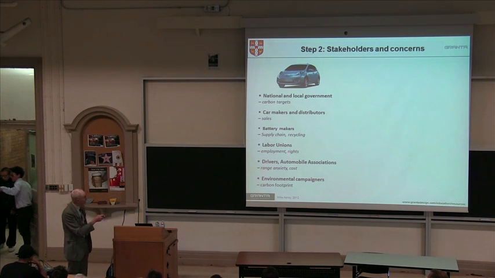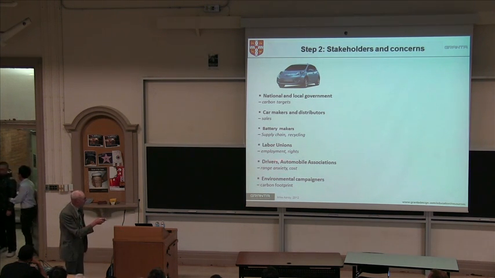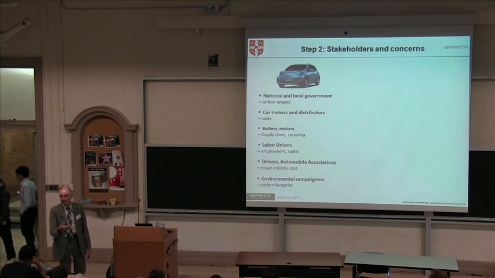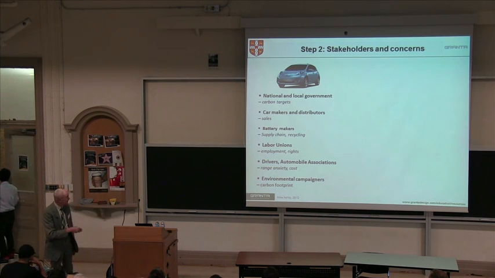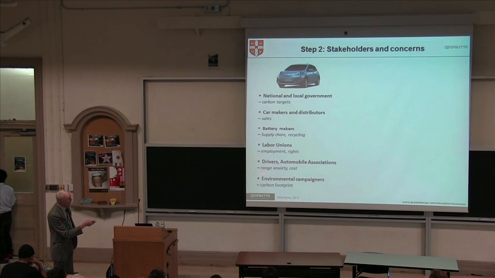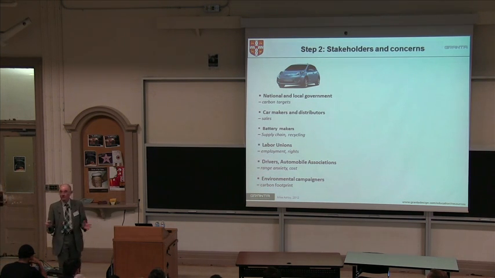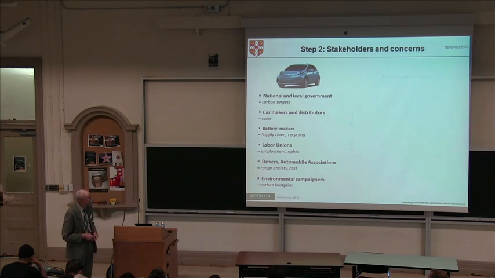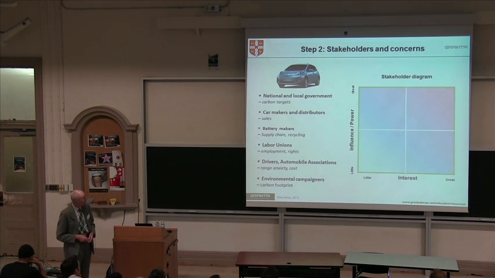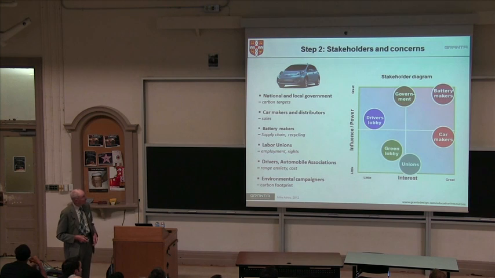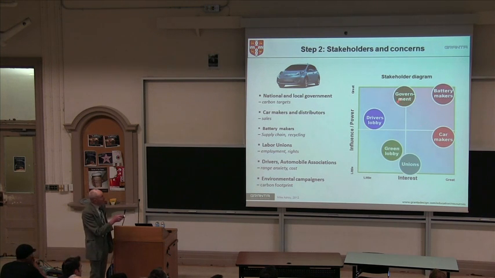There's the labor unions, they want employment. There are the drivers' associations who represent you and me, drivers, and there are environmental campaigners who want to get cars off the road because they are polluting things. Well, we can make a stakeholder diagram. Here we are, something like that. Here is government.